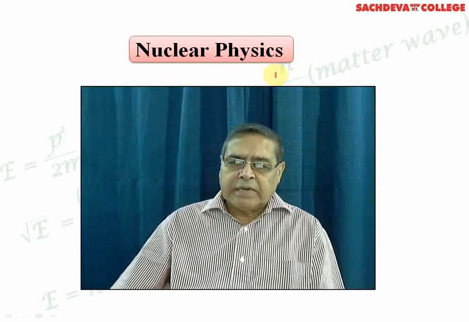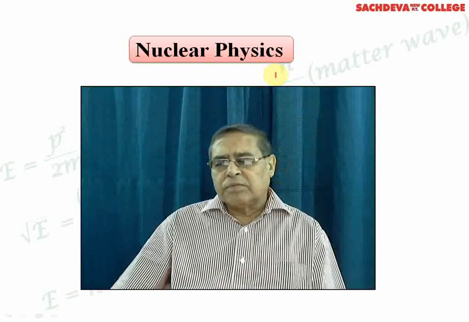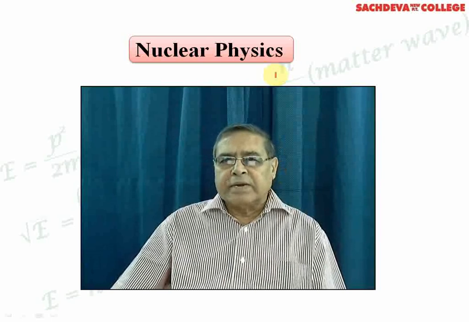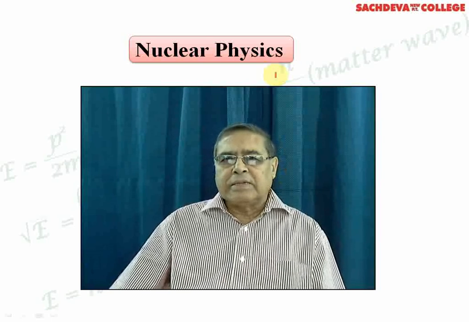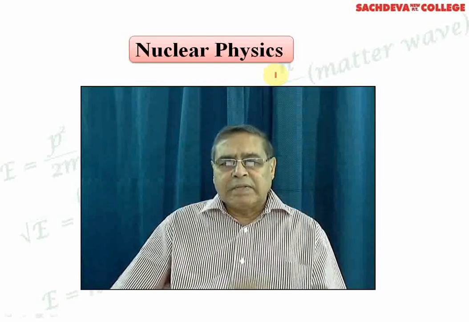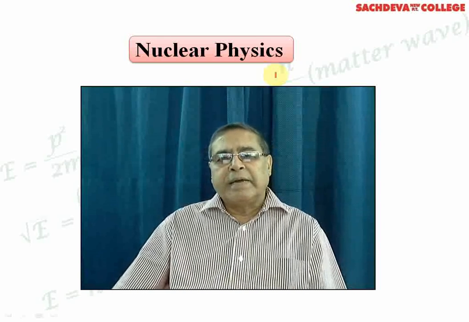When the alpha particle moves towards the gold foil, first of all, we obtain alpha particles from a radioactive source, especially radium or polonium, and then through a narrow slit, they move in the form of a parallel beam towards the gold foil. When they strike the gold foil, we assume that it is made up of many atoms.